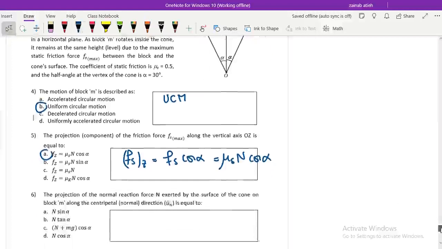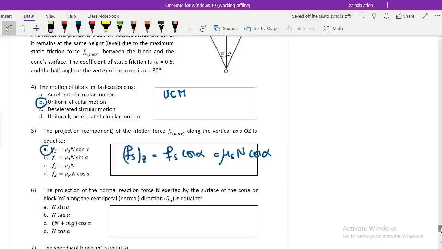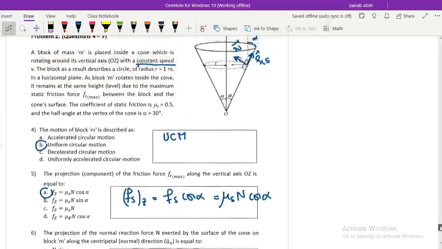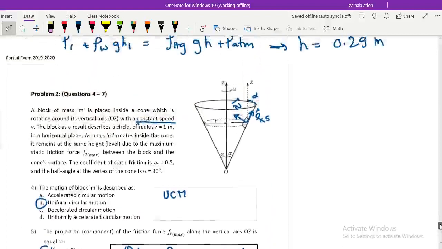Then let me move to D. The projection of the normal reaction force N exerted by the surface of the cone on the block M along the centripetal normal direction UN is equal to the projection of N on the centripetal. Let's see the projection of N on the centripetal or the normal.